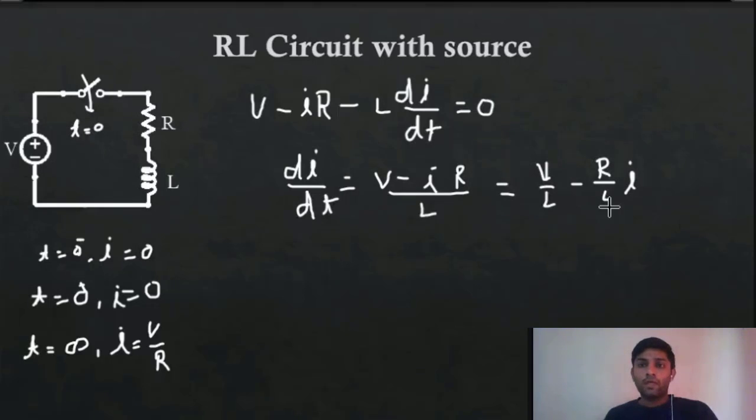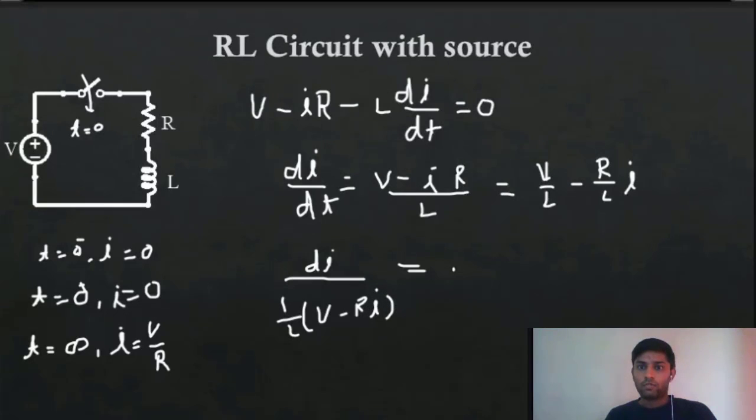Now I can take dt to the other side and the component of I to this side. If I do that, I get di divided by V minus R I equal to 1 by L dt.